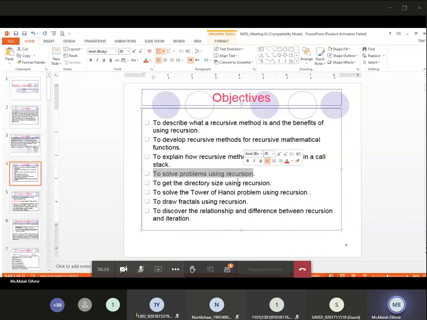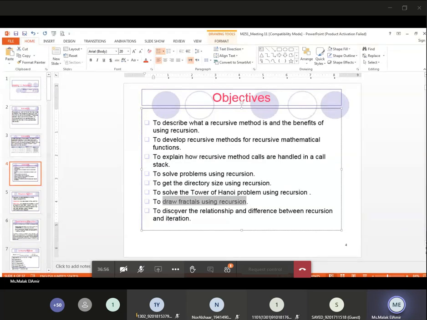Now I'm going to go through 4 more examples. These 4 examples are how I'm going to calculate the directory size, how we are going to solve Tower of Hanoi, how we are going to solve fractals using recursion, and how to discover the relationship between recursion and iteration.